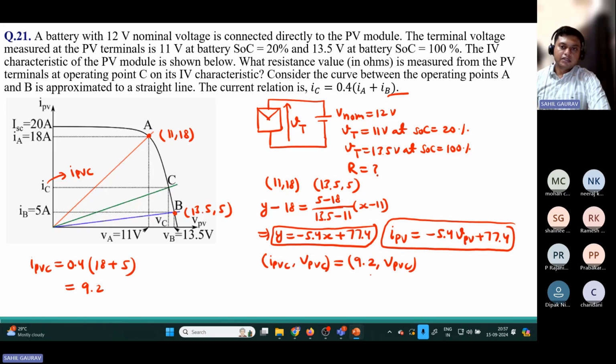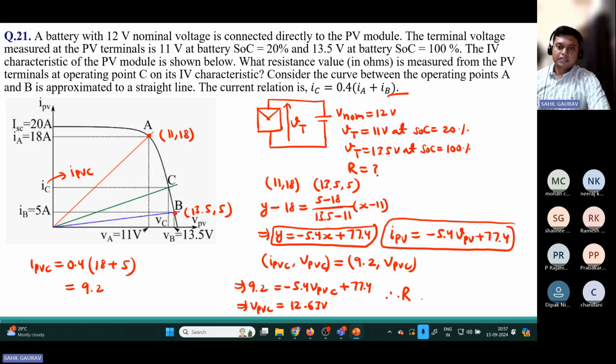So just put this value, and you will get 9.2 equals minus 5.4 VPVC plus 77.4. So VPVC will be 12.63 volt.